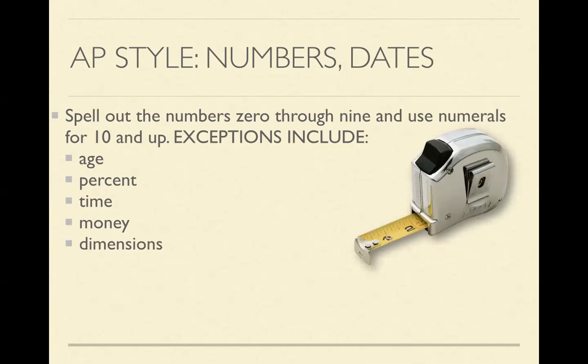Dimensions. So if you're talking about a person who is 6'2", then you're going to write the numeral 6, dash, foot, F-O-O-T, dash, 2, the numeral, not spell it out, even though 6 and 2 are both under 10. And of course, if it's the first word in a sentence, think about why AP does not want you to use a numeral as the first word in a sentence.